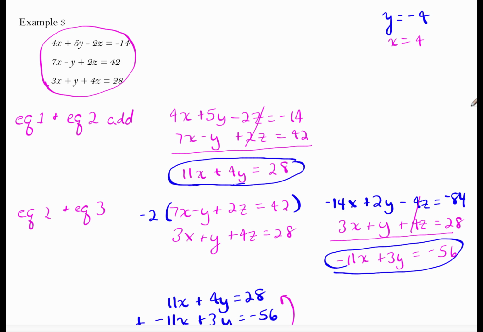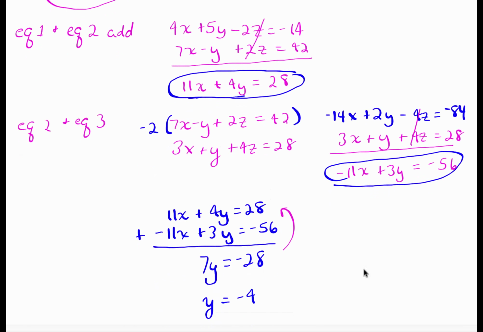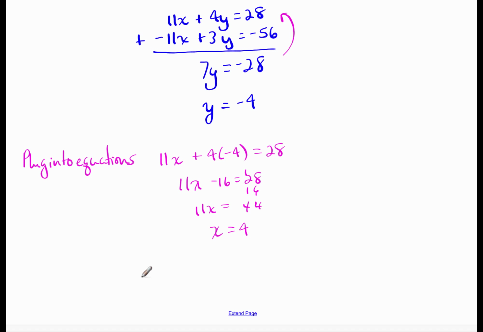So 7x minus y plus 2z equals 42. 7, I found x to be 4, minus y, which is a negative 4, plus 2 times z, which I'm looking for, should get me 42.